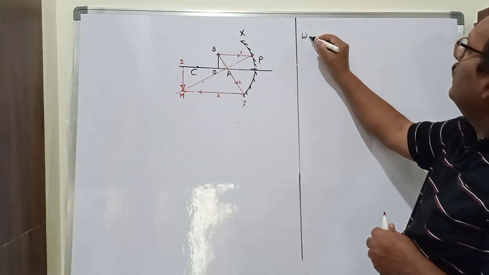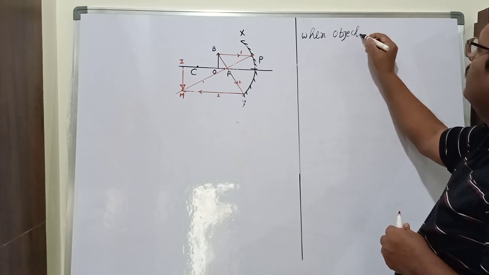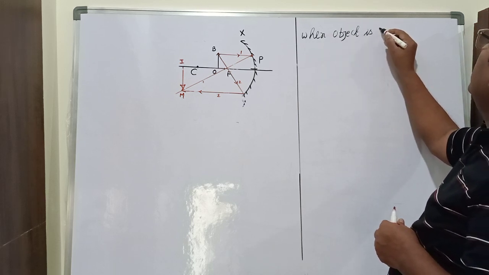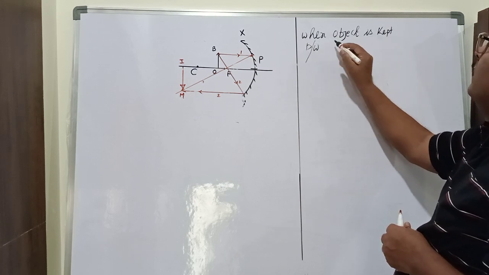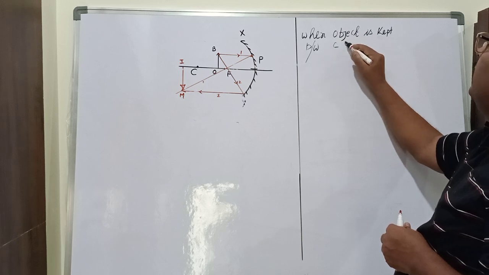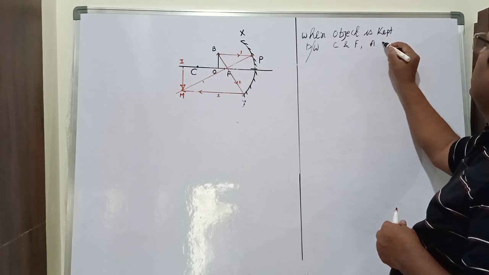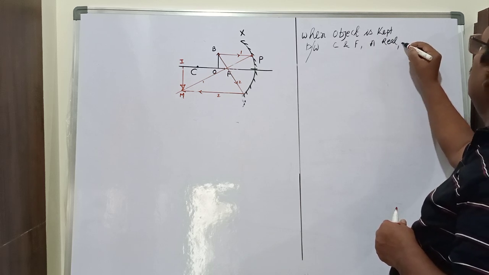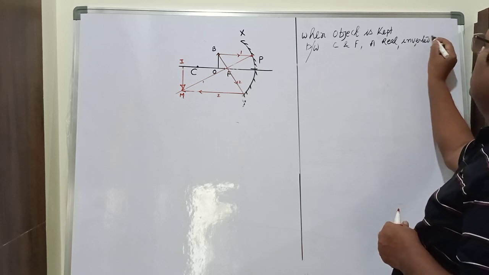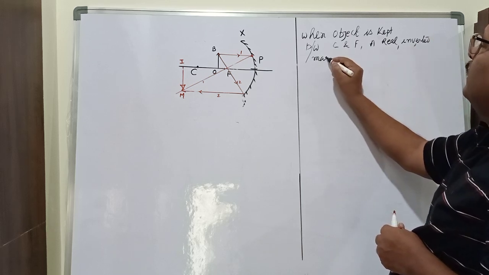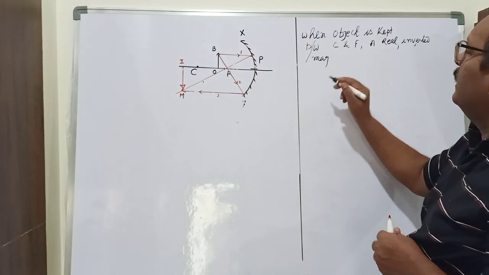So when the object is kept between C and F, a real, inverted, magnified image is formed. For a magnified image to form, the distance of the object must be less than the radius of curvature.